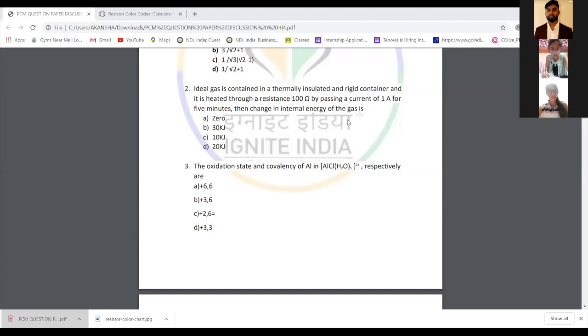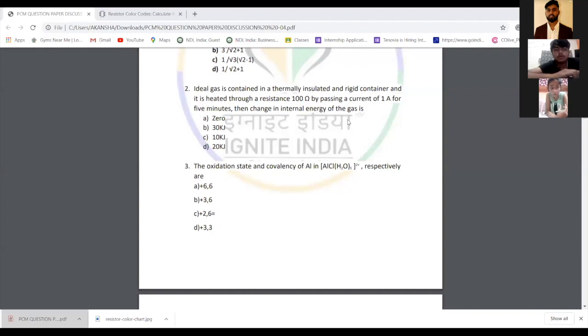So mathematically, you can say that delta Q is equal to delta U plus delta W, where the work done here is 0. So delta Q becomes equal to delta U.